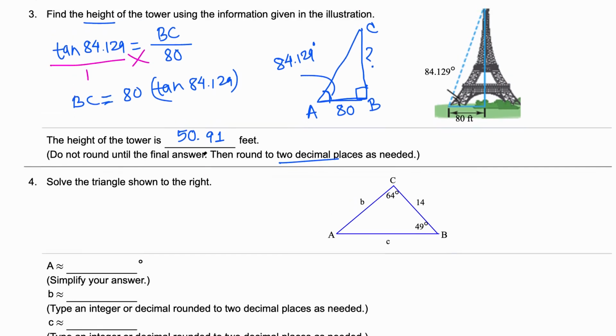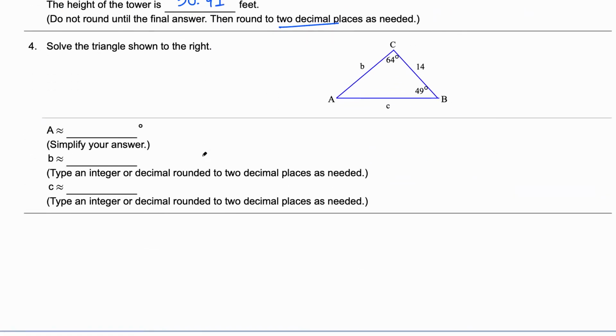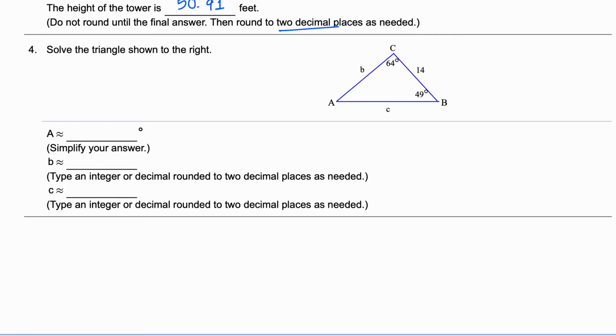Okay, now the last question for this video, number 4. Solve the triangle shown to the right. So we have a triangle given here. Angle B is 49, angle C is 64, so we need to determine A. Should be easy because the sum of these three angles is 180.